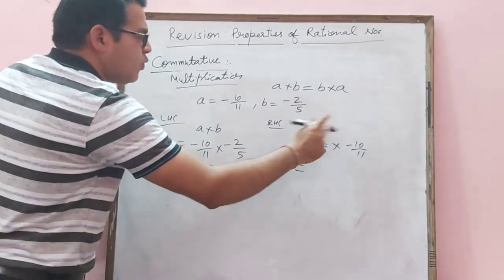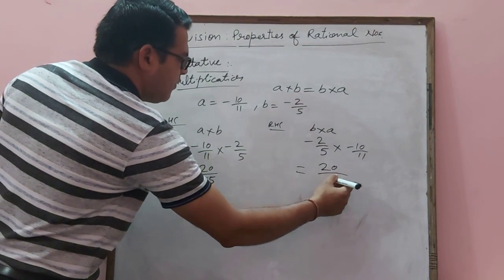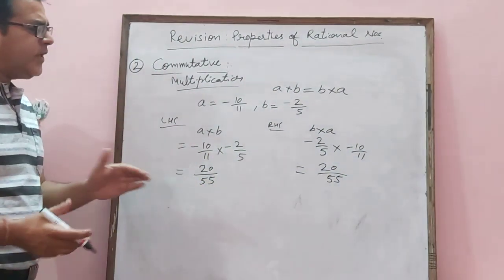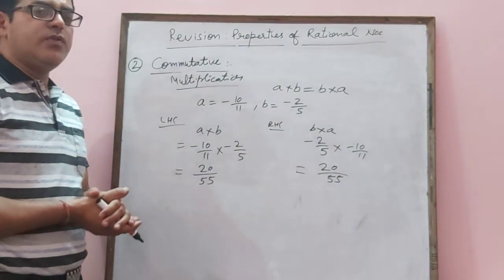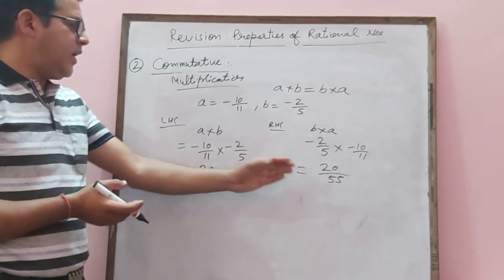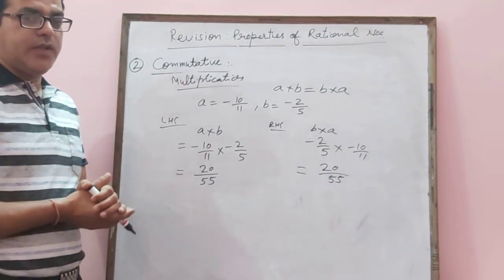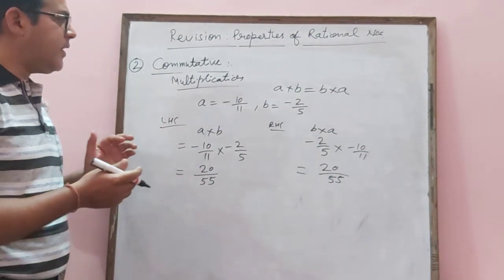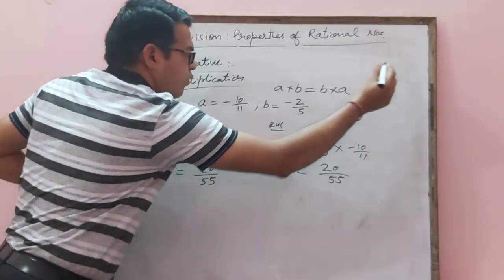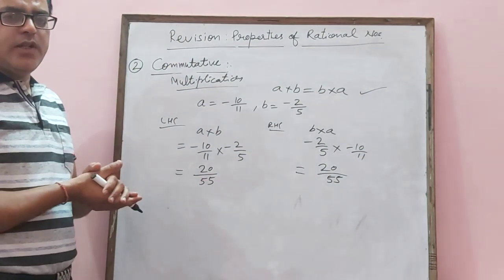Again, minus 2 into 10 means 20 and 5 11s are 55. So you can see the same values we are getting here on the left hand side as well as on the right hand side, 20 by 55. Same value we are getting. It means we can say that this relation is true. You can check this relation for any rational numbers.